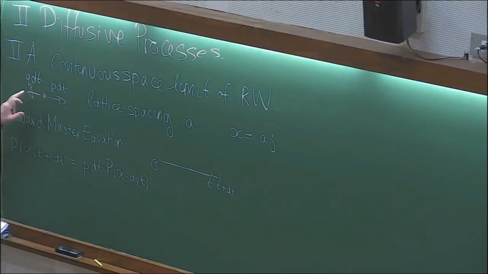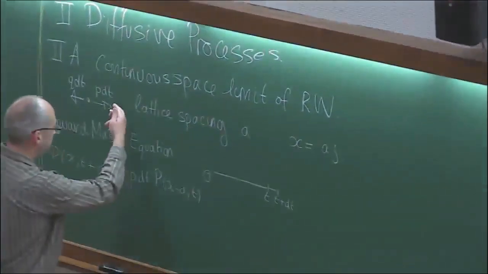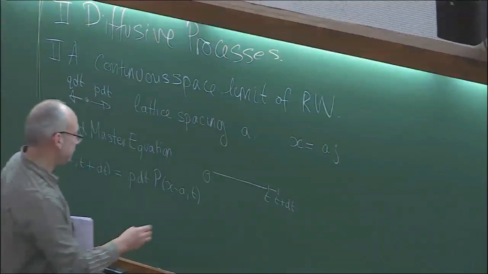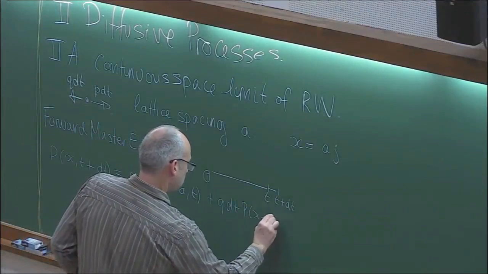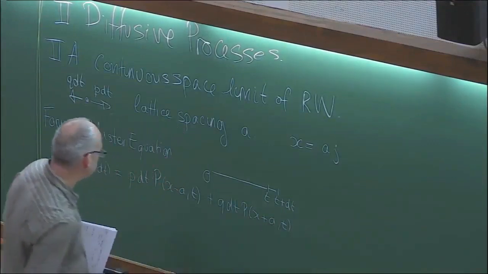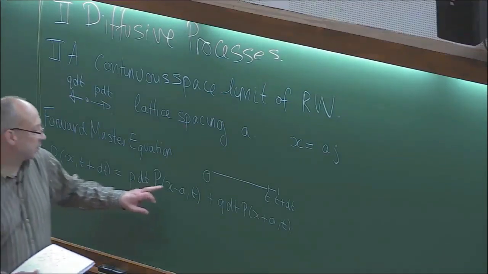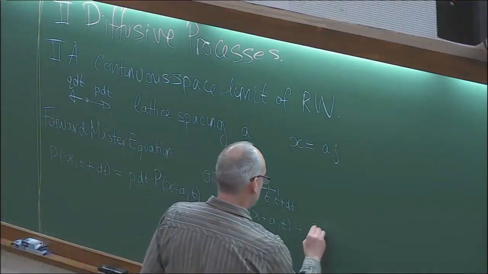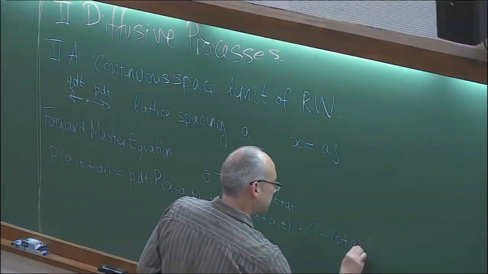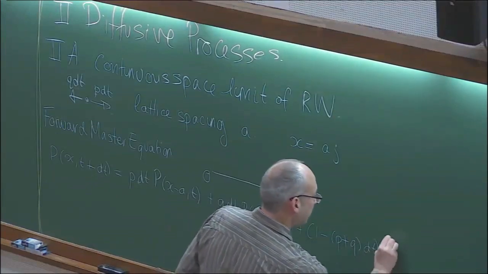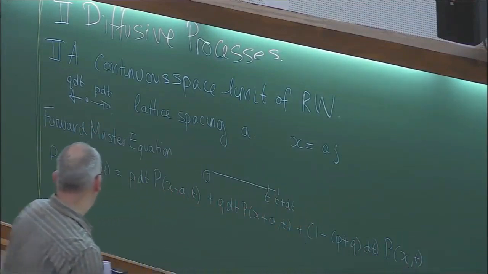And similarly, I could have come from one site to the right and gone there with probability q dt. Or I could have just been at x and then nothing happened. Nothing happens with probability 1 minus (p plus q) dt, times P of x, t.